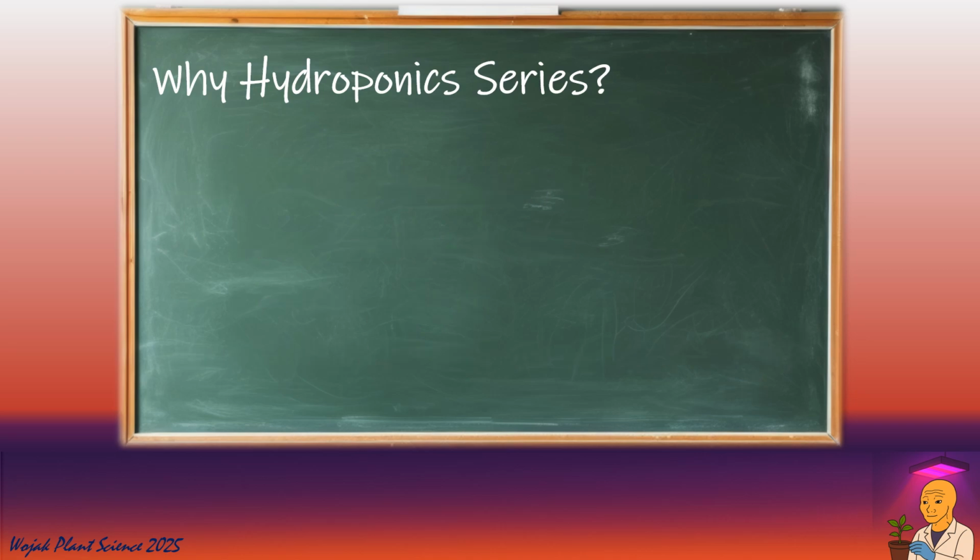Okay, so I've just covered why that hydroponic series from a hydroponic technical point of view, but I also want to talk a little bit about the background, why that series. In my opinion, the way hydroponics is approached is a lot oversimplified.